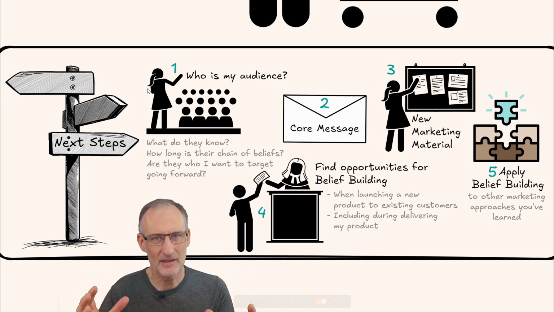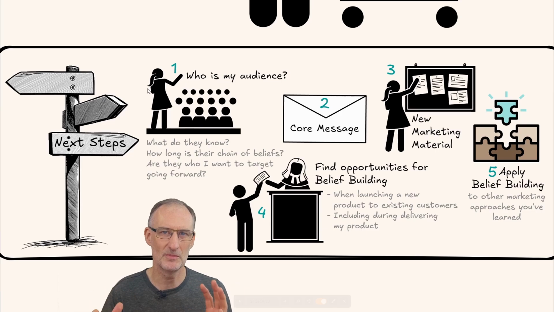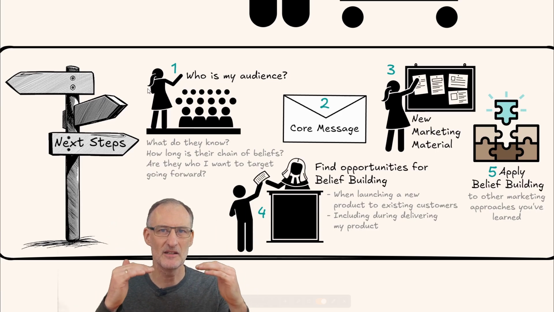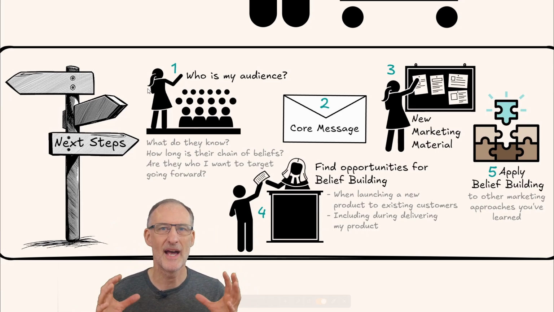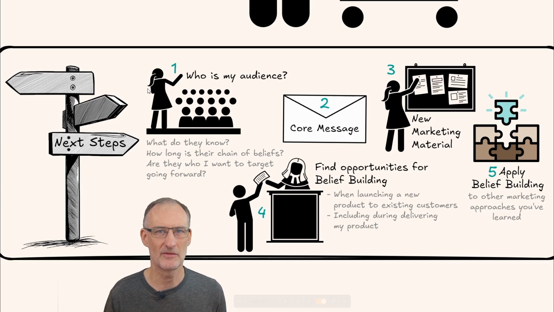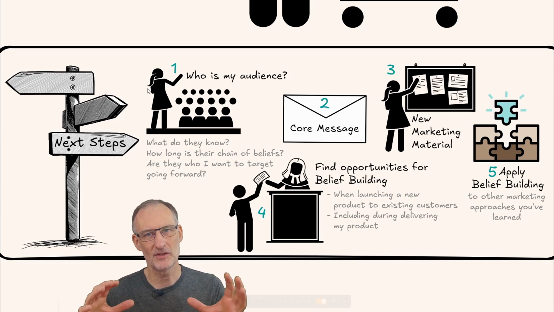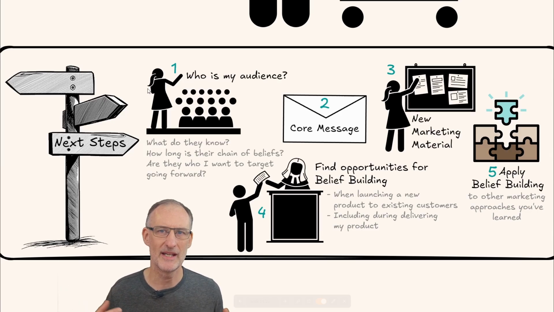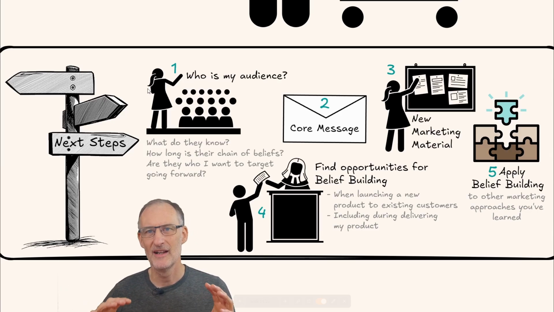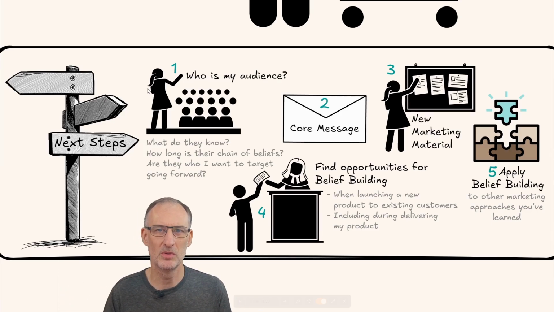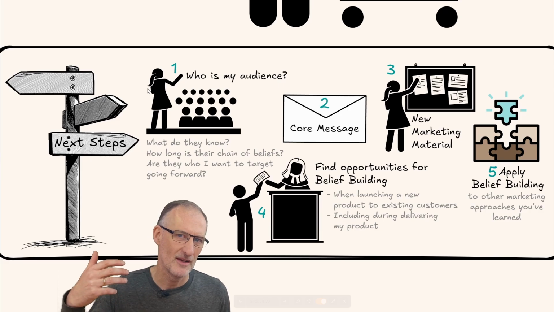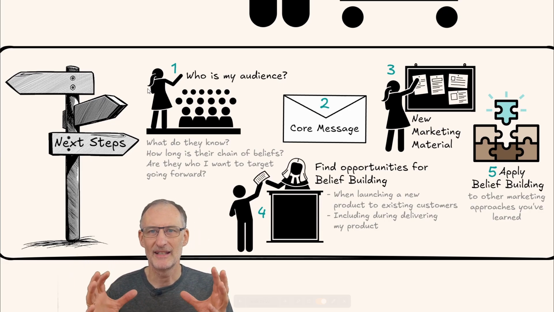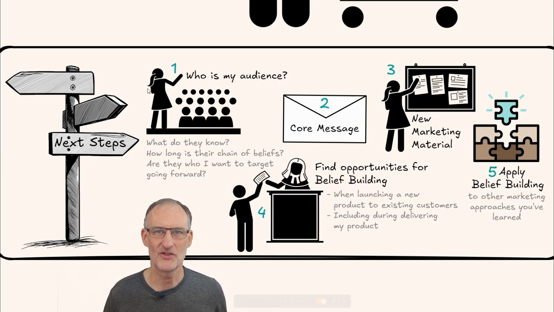Second, think about your core message. That's what I've shown you, that I've started to put together a list of beliefs that people need to have in order to consider visual thinking. And I started to then move on to my third step here, creating new marketing material. I started to author new blog posts and a new approach to my content that supports the core messages I want to get across.